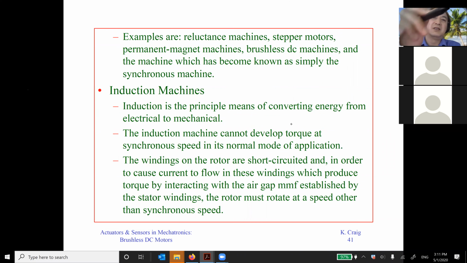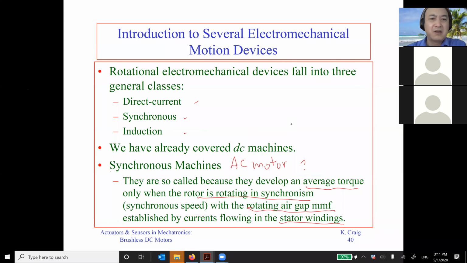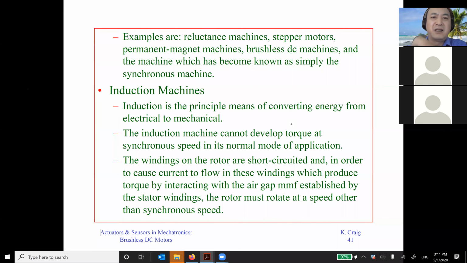So the synchronous machines are like reluctance machines, stepper motors, PM machines, BLDC. They are just synchronous machines. You may ask, what is the asynchronous machine? We don't call it asynchronous machine, we call it induction machine.